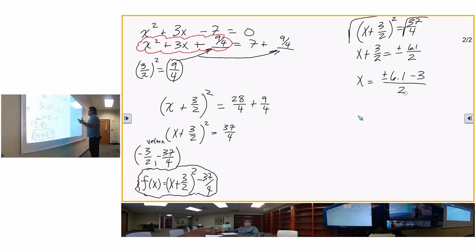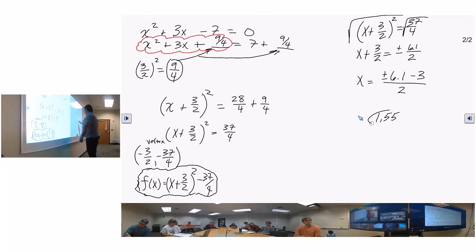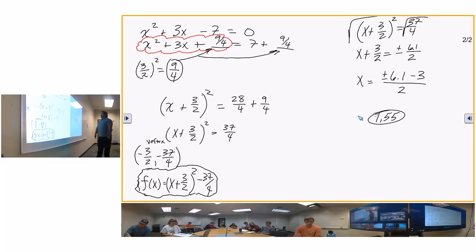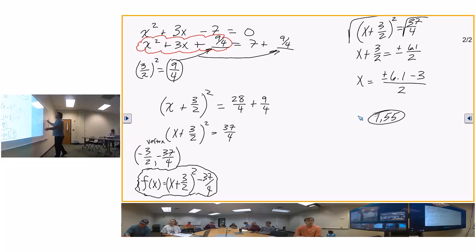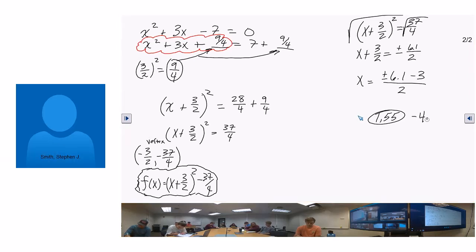And what's half of 3.10? 1.55, isn't it? Yes. Now what's negative 6.1 minus 3? Negative 9.1. What's half of negative 9.10? Negative 4.55.